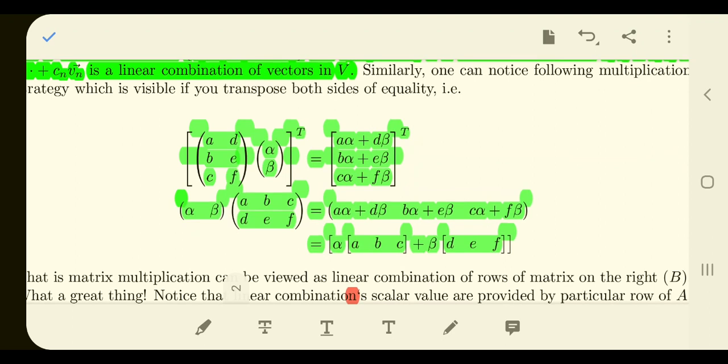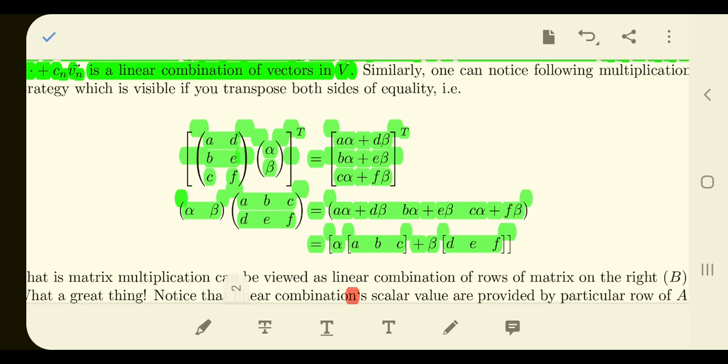We see that the row of the product matrix is a linear combination of the rows of the matrix on the right hand side, and the linear combination is given by the elements of the matrix on the left hand side. The left hand side is alpha beta, which provides the linear combinations.